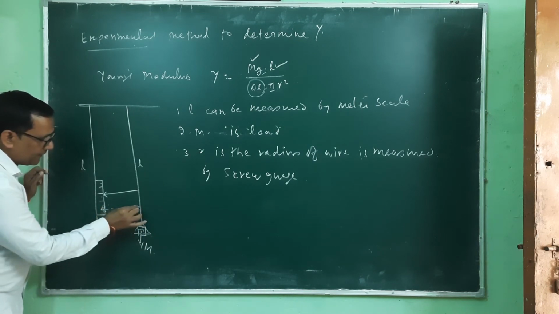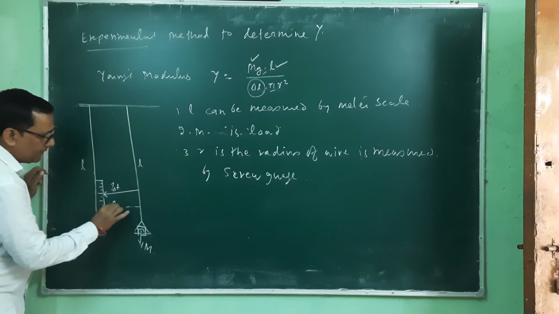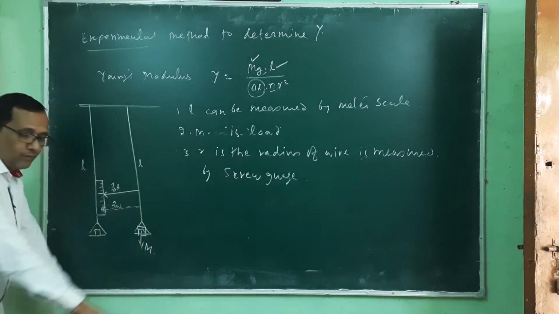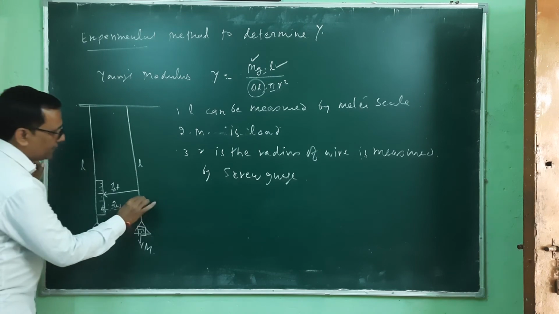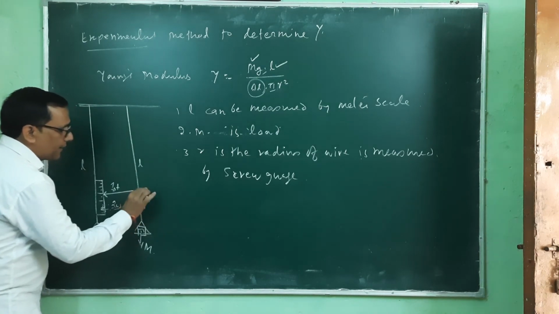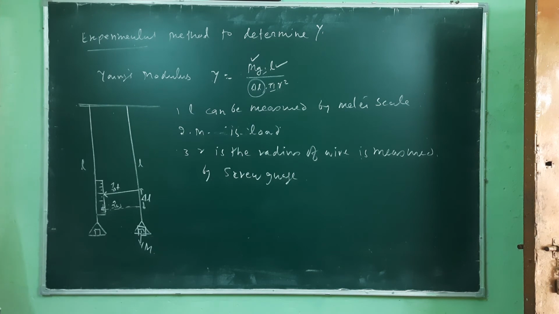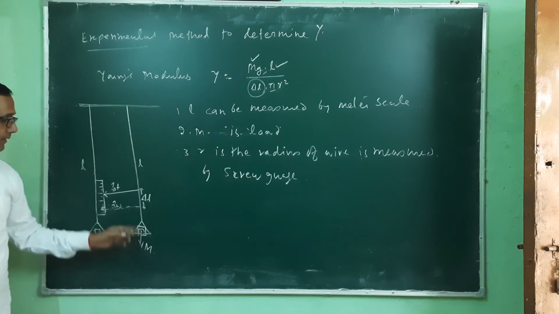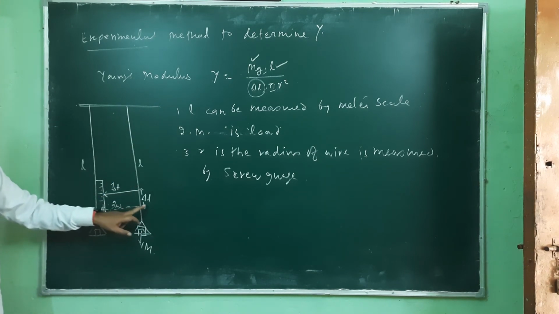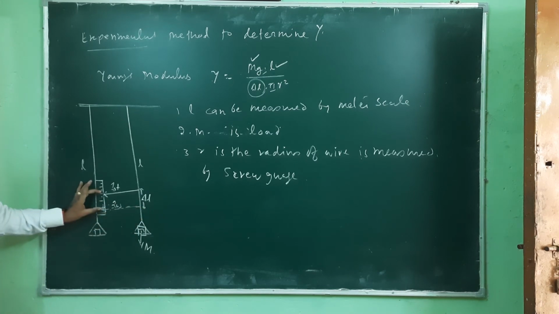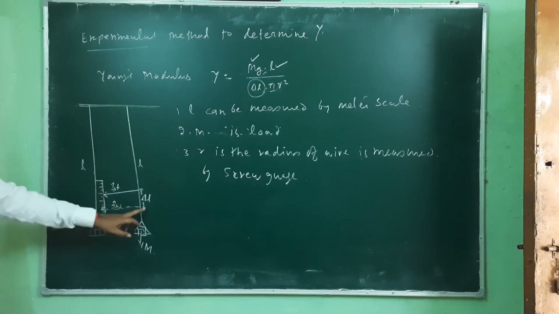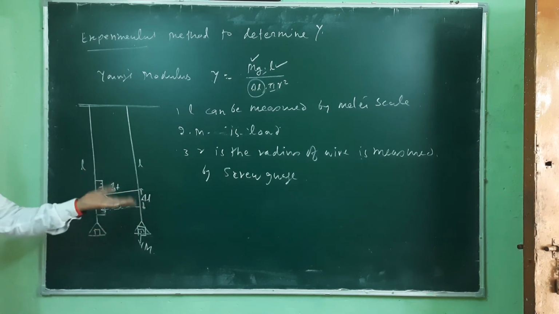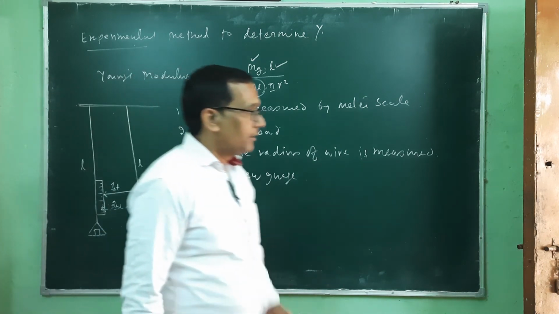So this is the first reading and this is the second reading, because its length has increased, and this change is equal to delta L. After hanging the capital M, its length is changed, and delta L can be measured as the difference between these two readings. So this is the methodology to calculate Young's modulus.